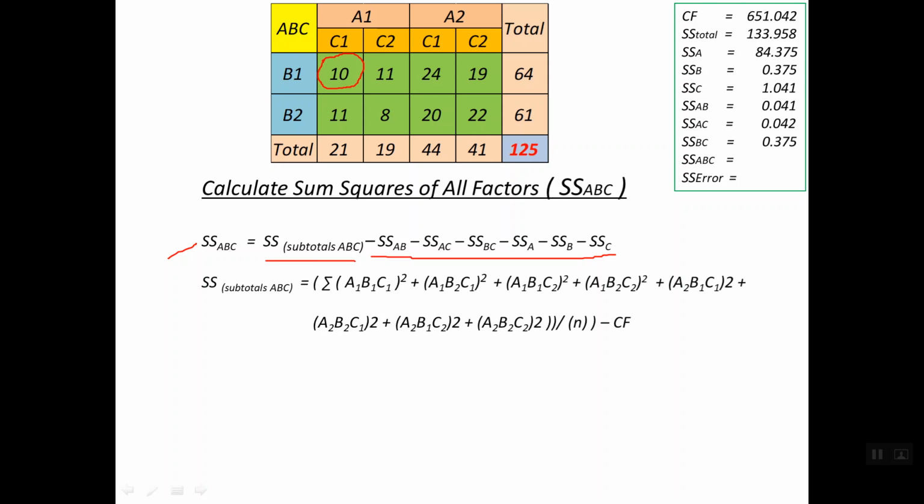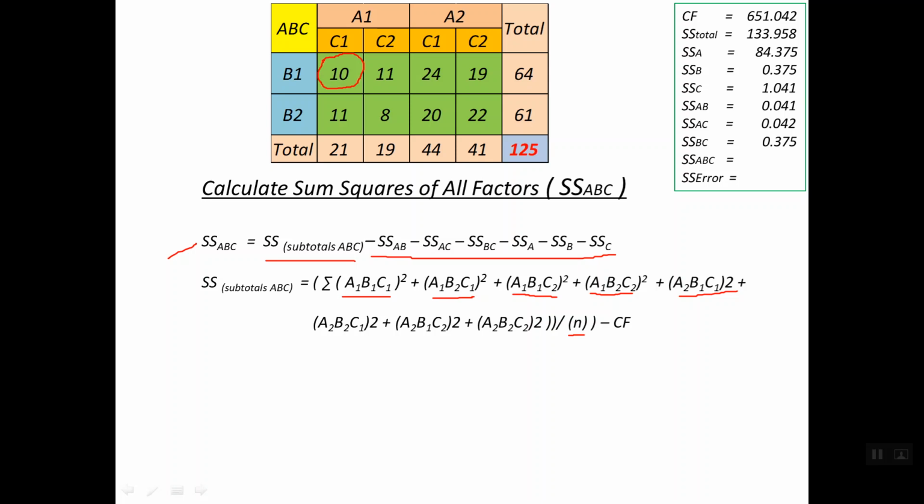So we have here 8 combinations for the 3 factors A and B and C. We sum up all of these squared values and divide it by the small n.